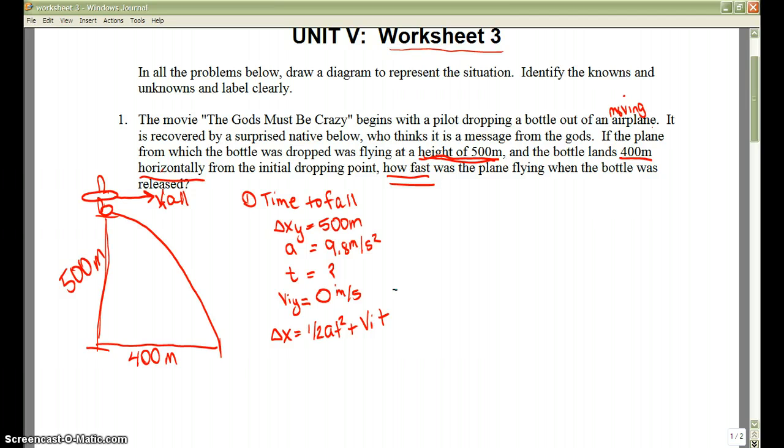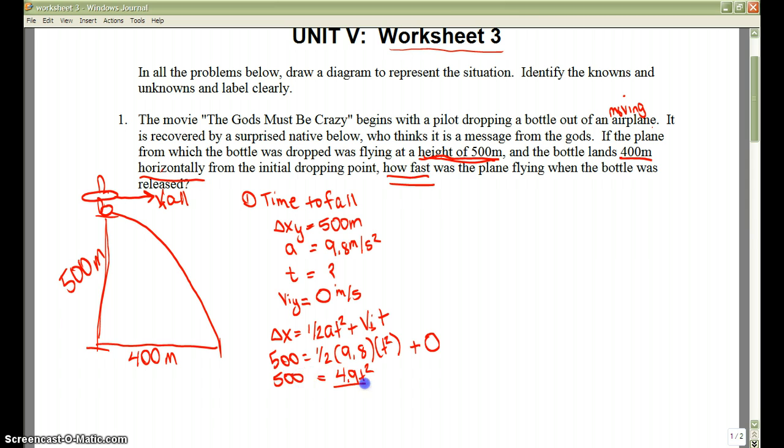In this case, we're plugging in. We have 500, the 1/2 times 9.8, and I don't know my time, so I have t squared. But my second term is 0 because my initial velocity in the y is 0. So this is 4.9 t squared.